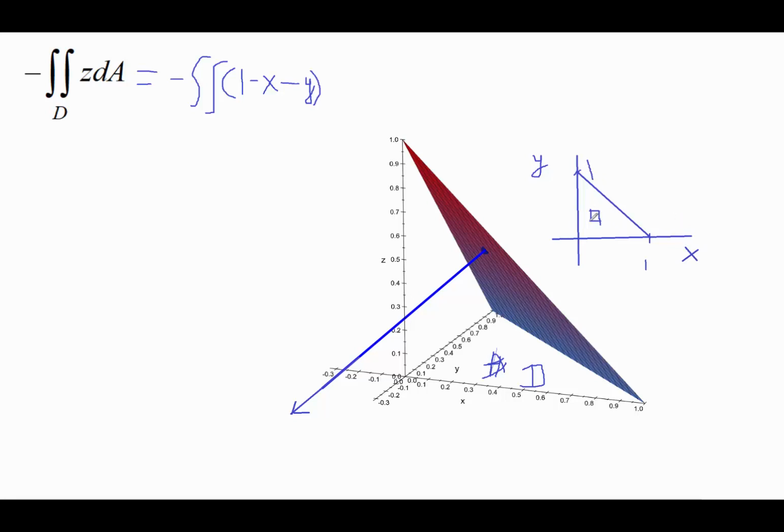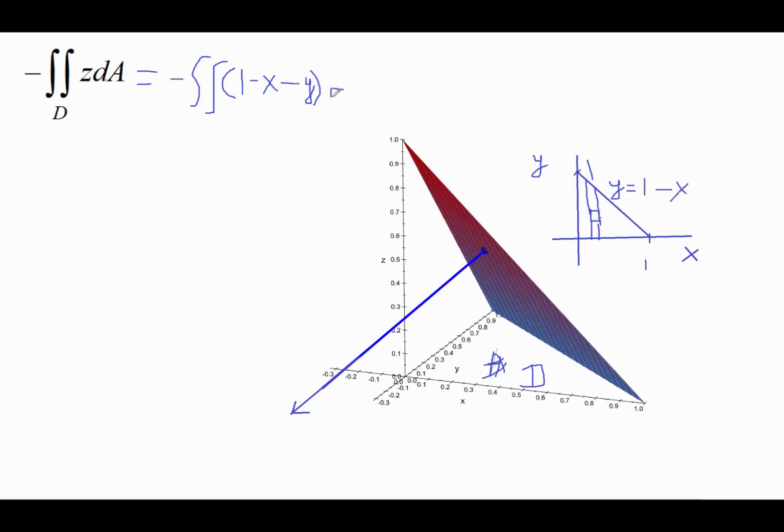Say we let y vary first here. You can see this equation here is y equals 1 minus x, right?